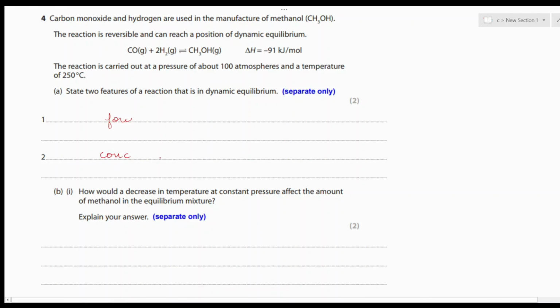Concentration of reactants must be equal to the concentration of products. Yes, correct. Equal rate of forward and reverse reaction.